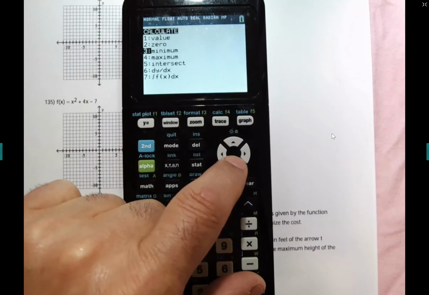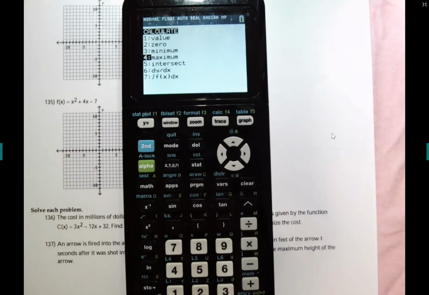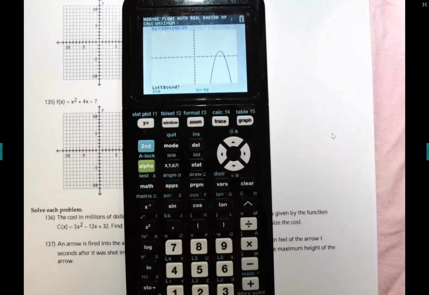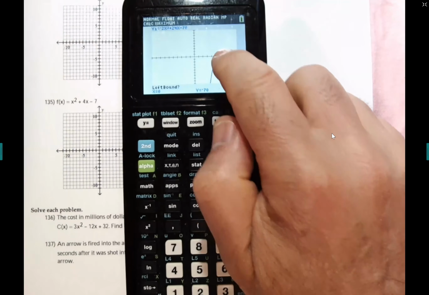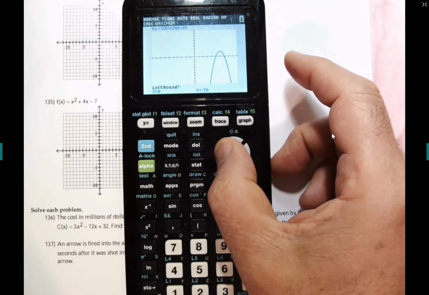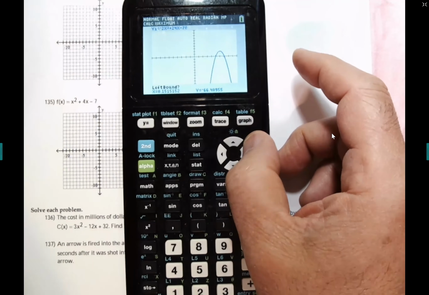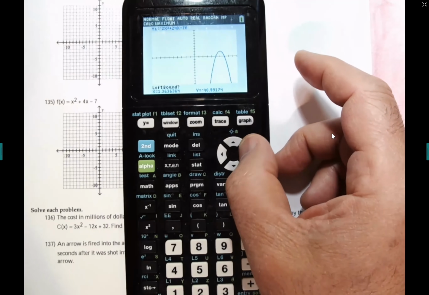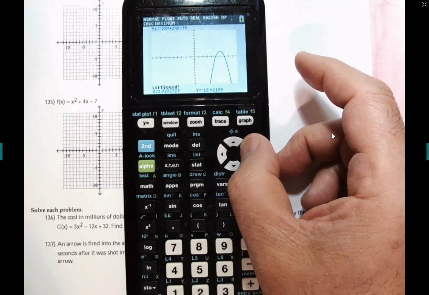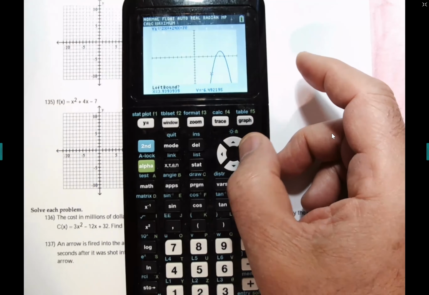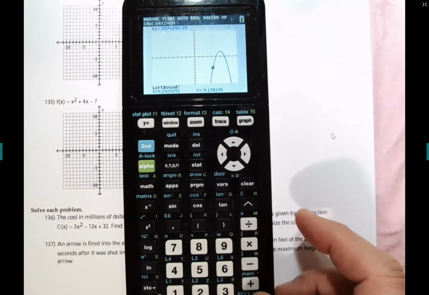So just go to max. The calculator is asking me to point the cursor to the left of the target. This is my target right there. So I want to make sure that the cursor is on the left. There you go. That's on the left. Press enter.